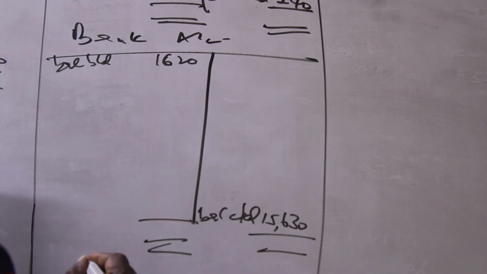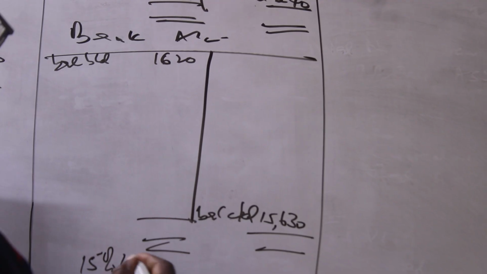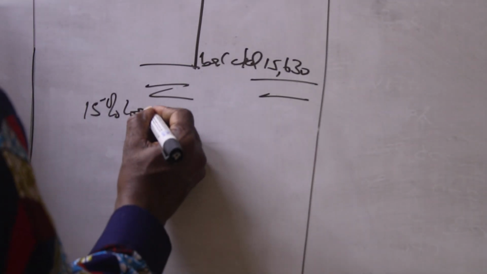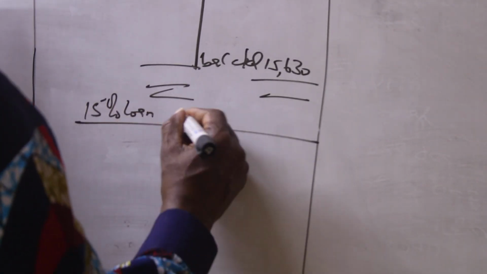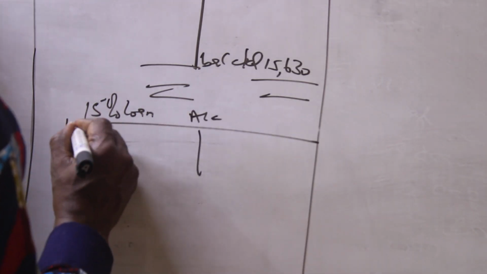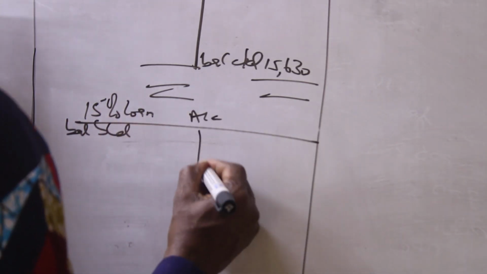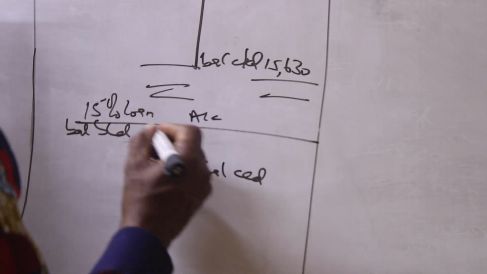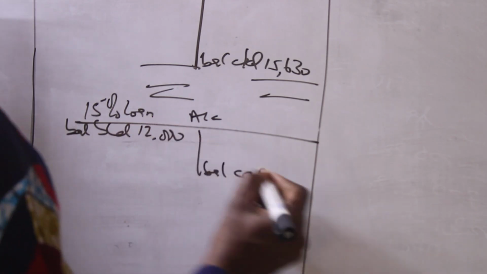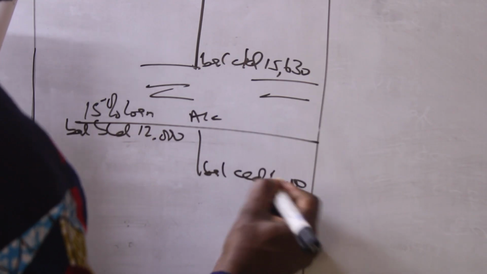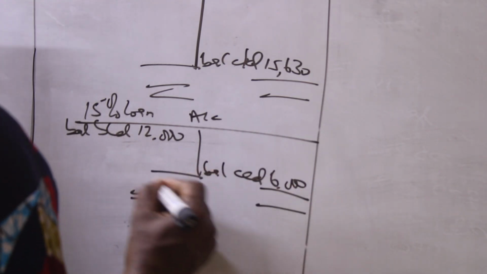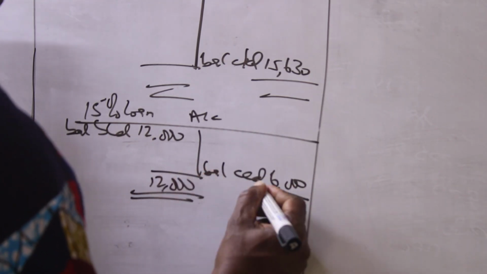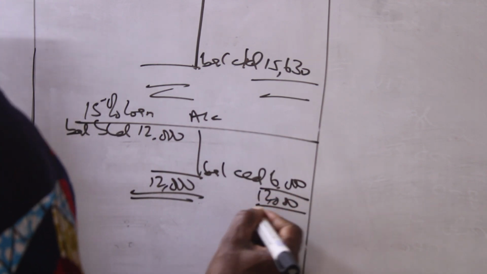Loan, 15% loan account. Balance brought down, and balance carried down. 12,000s.